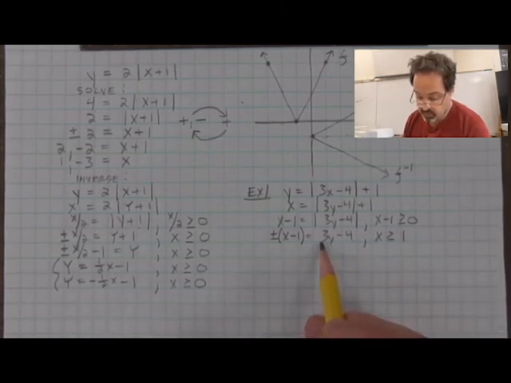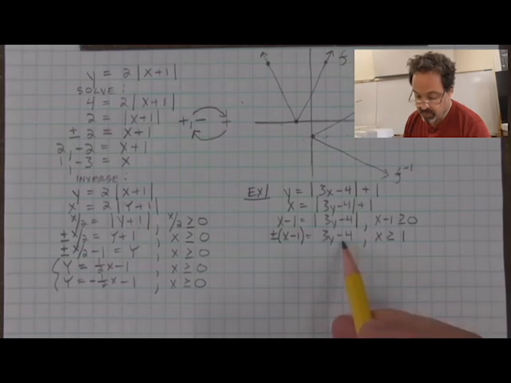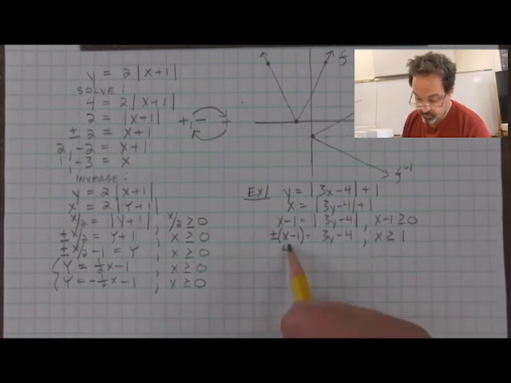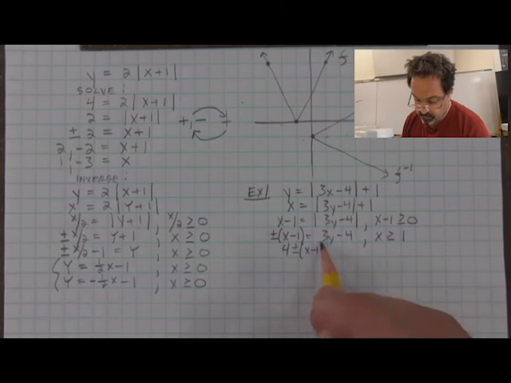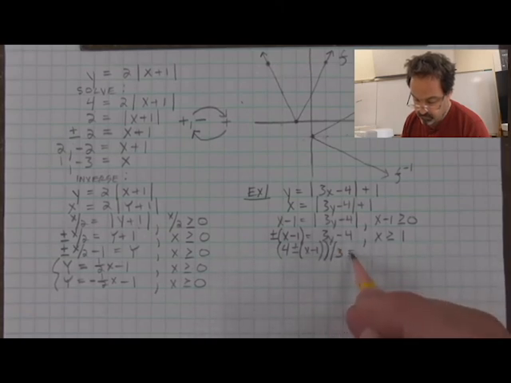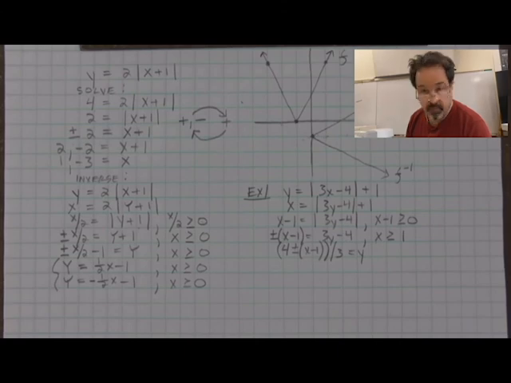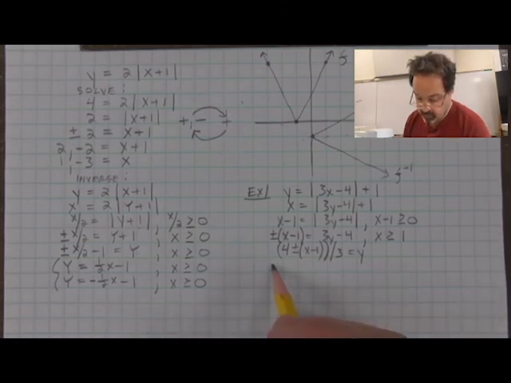But I'm going to continue to solve for y, which means that I need to add 4 and then divide by 3. And I can show the final answer as 2 equations.